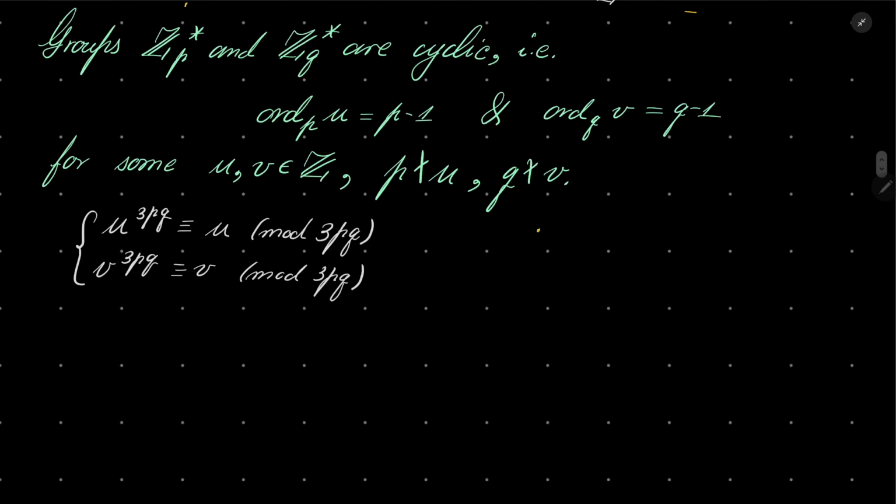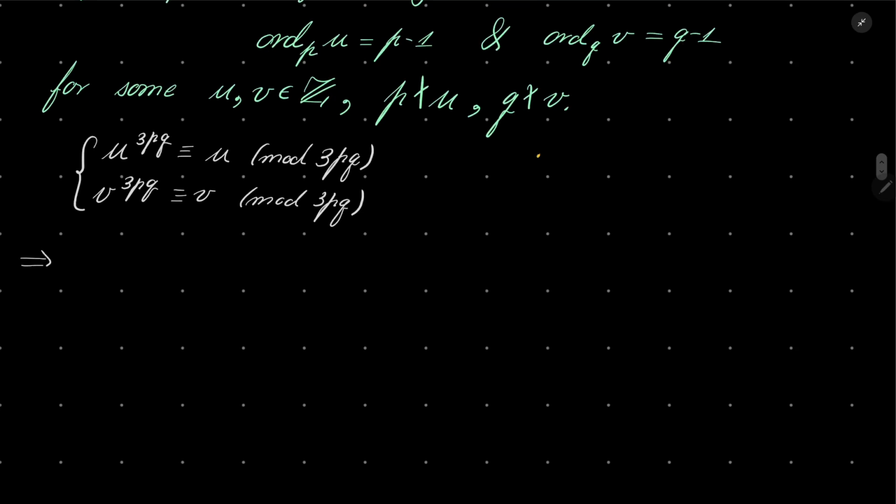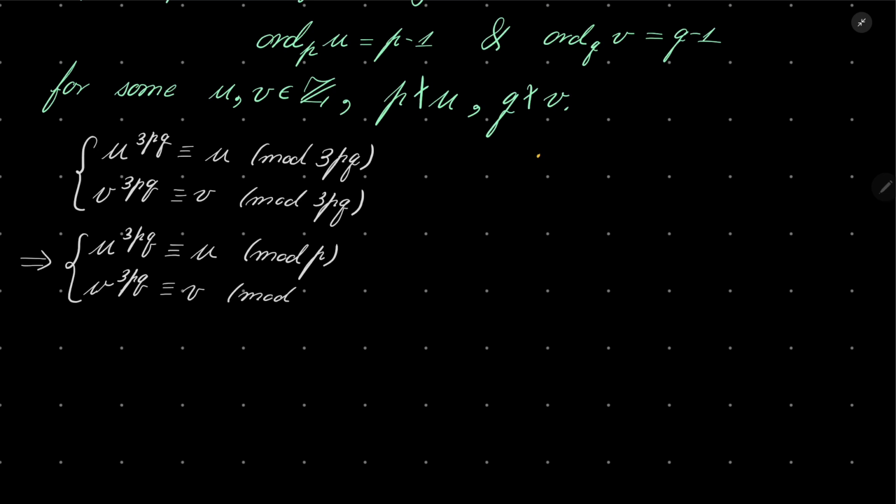But since these two congruences are true, these weaker congruences are also true. So u to the power 3pq is congruent to u modulo p, and v to the power 3pq is congruent to v modulo q.